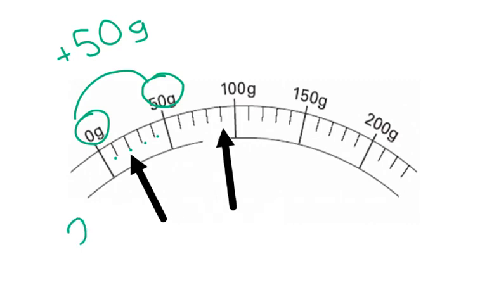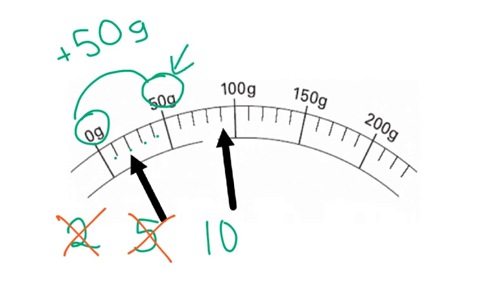So I know that it's not 2s. I know it's not going up in 5s. So the next thing that it could be going up in is 10s. Now I think I'm right with that. I'm going to count in 10s. 0, 10, 20, 30, 40, which means my next number would be 50.